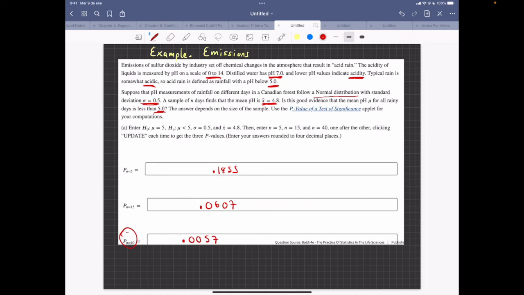Then for n equal to 15, the p-value is 0.0607, and finally for n equal to 40, 0.0057. So what happened to the p-value as we increase the sample size? It is decreasing, right? Usually this makes sense because we have more evidence. Every time we have a bigger sample, we have more information from the population, so that is supposed to be better.